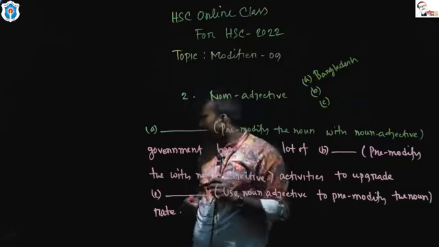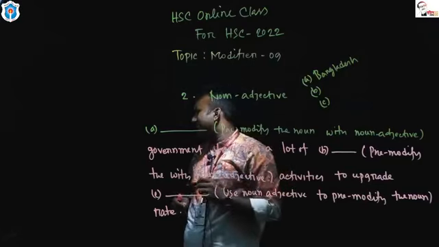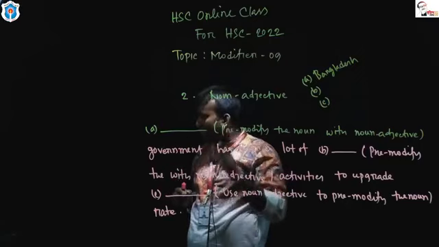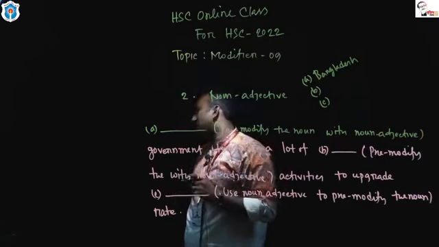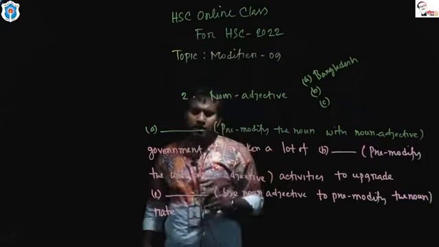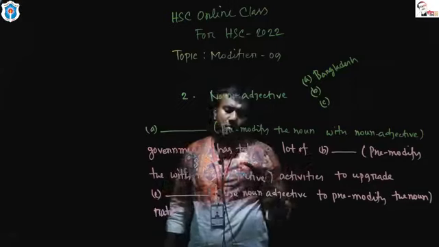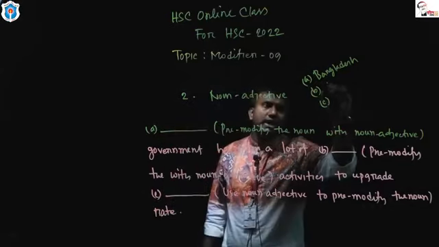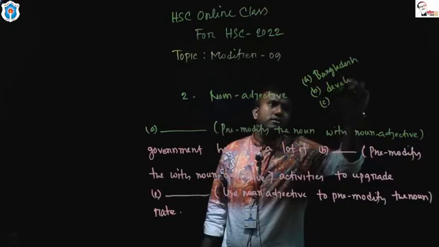Can I write Bangladesh government? Tasnima Begum, democratic is not a noun. It's a pure adjective. If you write any pure adjective, you will not get any mark. Okay. Bangladesh government has taken a lot of dash activities. Can I say development?